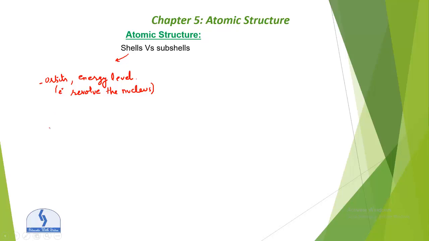The shells are labeled K, L, M, N and so on, with the principal quantum number denoted by n: n is equal to 1 for K, 2 for L, 3 for M, 4 for N respectively.